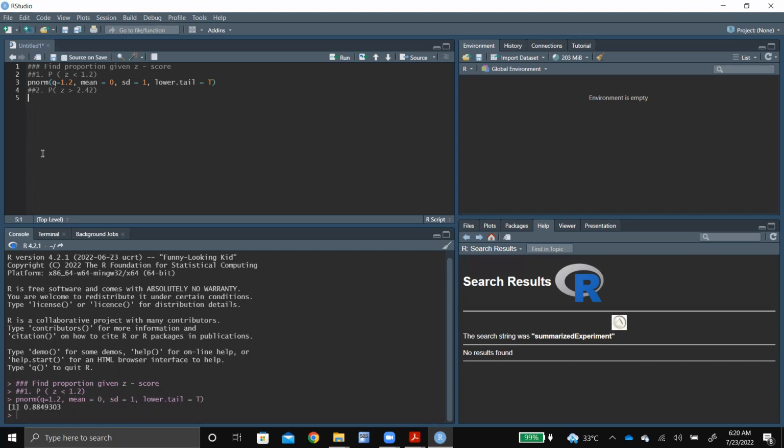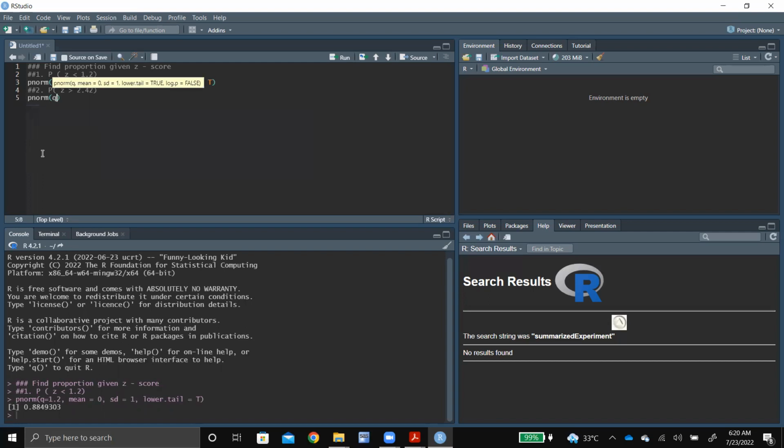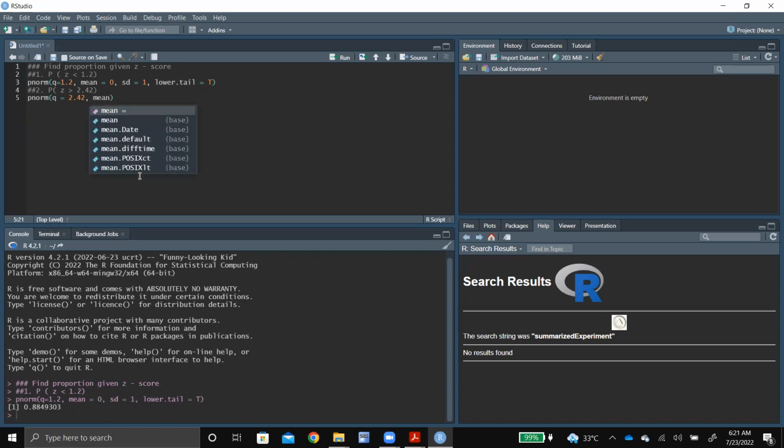So for completing number 2, we should again use the same function, pnorm. The q value is 2.42. The mean is equal to 0 because we are still working with z, that is standard normal, and sd should be equal to 1.